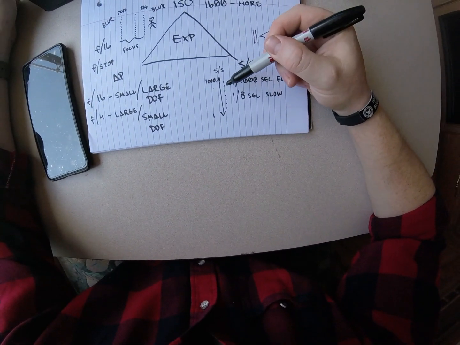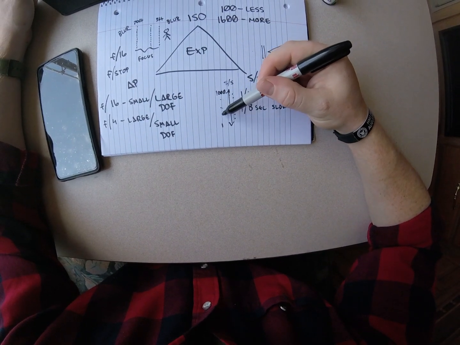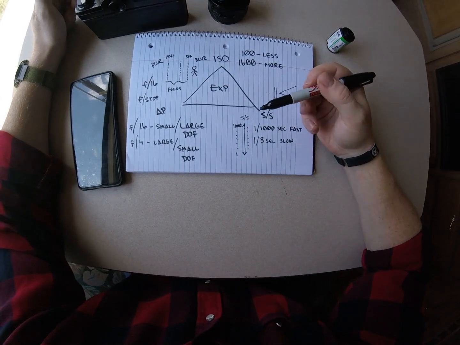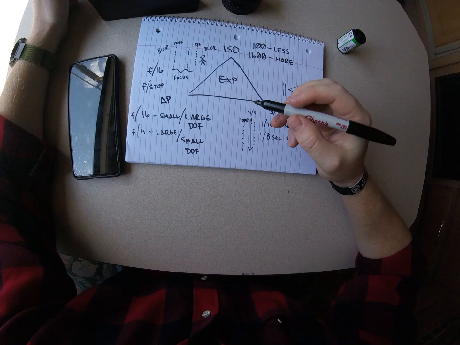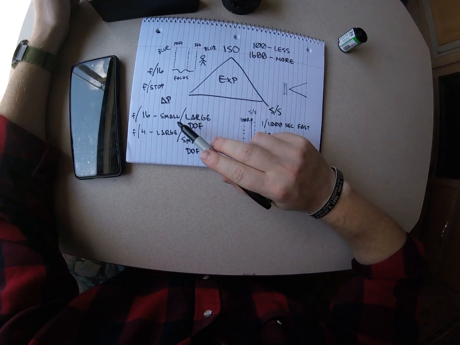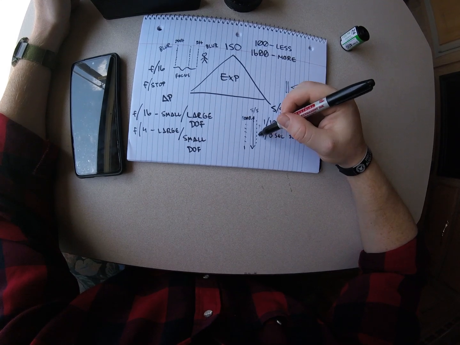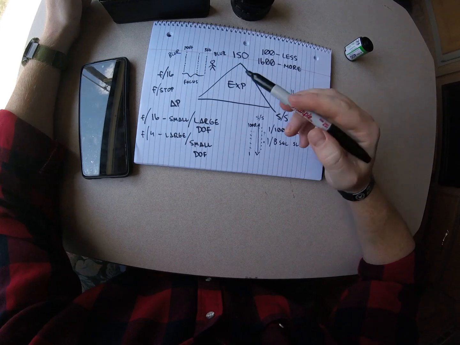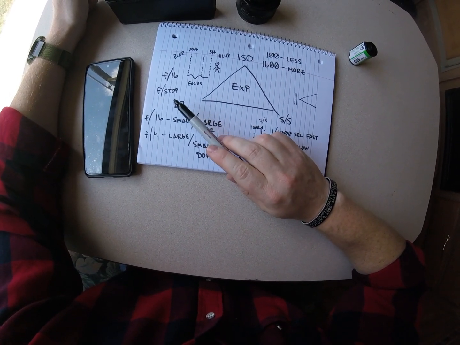So it'll light up at whatever shutter speed that the camera is adjusted to automatically based on how much light is going through your lens. And so if you were to change your f-stop, you're going to see that light go up and down and bounce around. So it'll change the shutter speed based on how much light you are allowing through that lens through the f-stop.